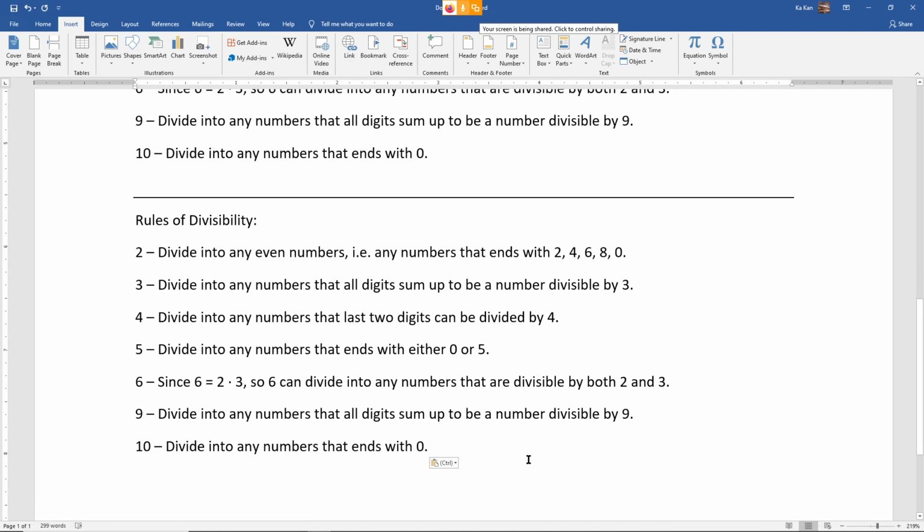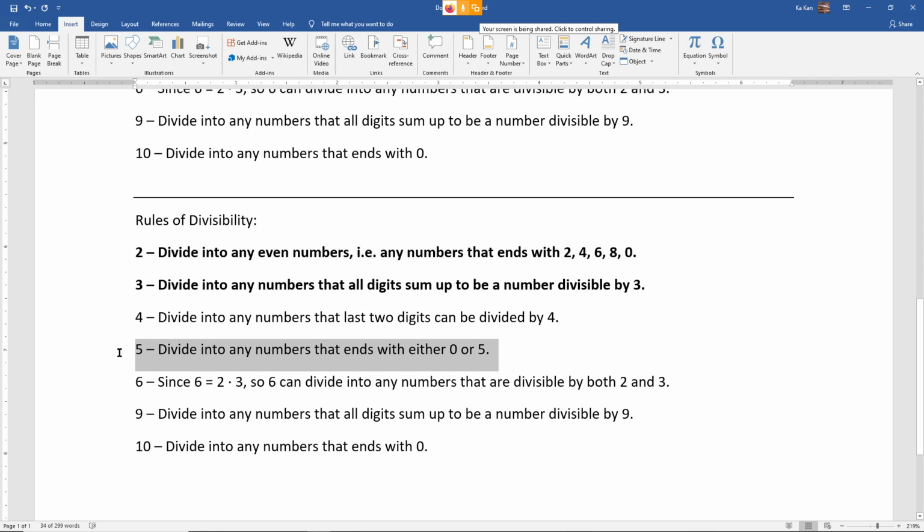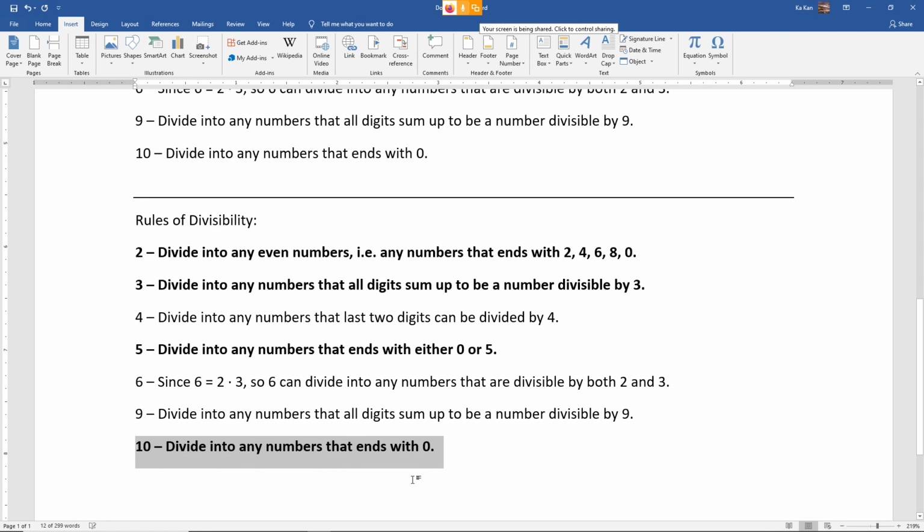So that basically tells us all that will help you with all the homework problems. And also later on, I know you guys are doing fractions right now, so these guys can help. You can look at a number and immediately tell whether or not it can be divided by any one of those digits. And to be clear, these two and 5 and 10, these are the most important. As long as you know those 4, you're golden.